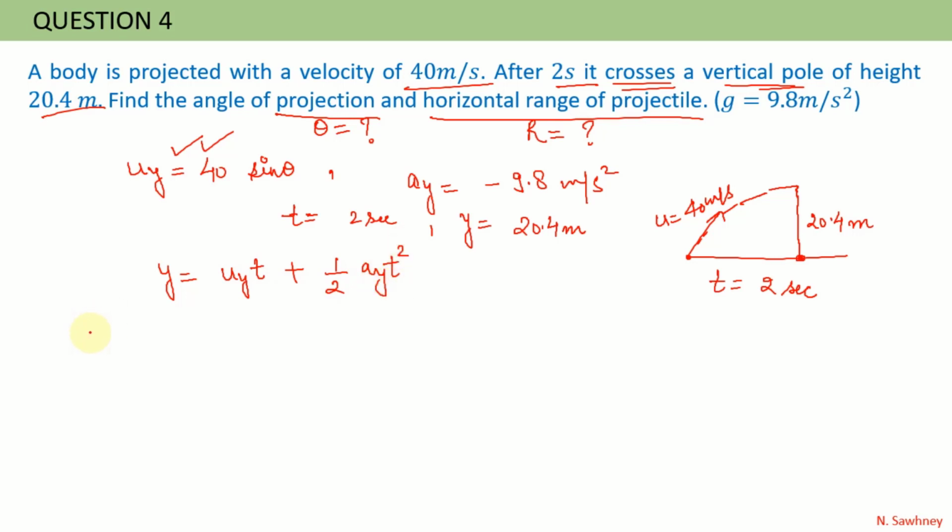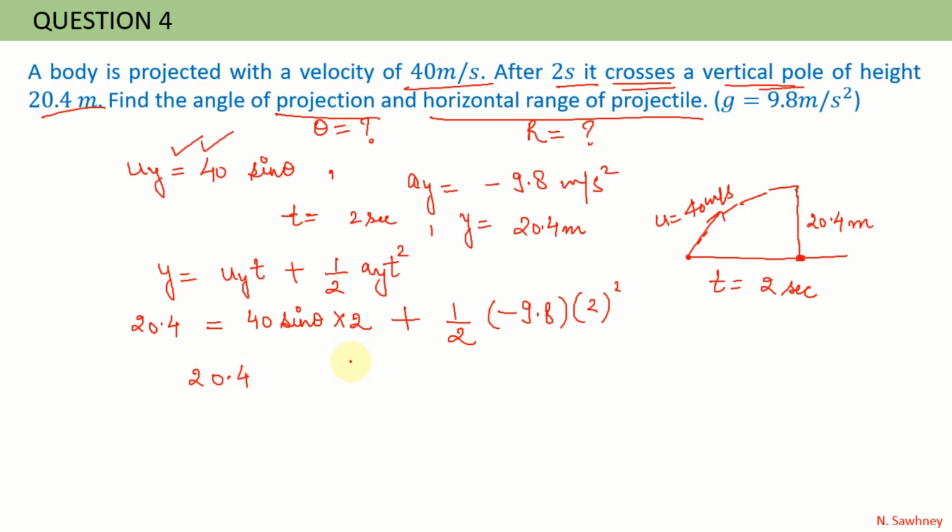Now the vertical distance covered is 20.4, which is equal to the vertical component of the velocity, 40 sine theta, multiplied by time 2 seconds, plus half, acceleration is minus 9.8 and time is again 2 seconds. So let us solve it to obtain the angle theta.